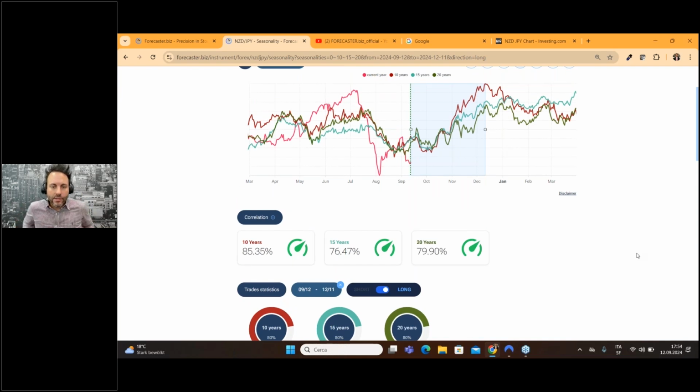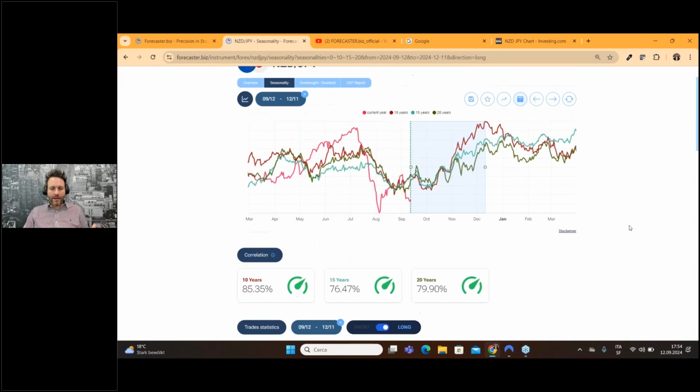If you use this strategy in the long term, you cannot lose money with your trades. Of course, it will happen that you will lose money because everything can happen on the market, but if you use this strategy in the long term, you have the odds in favor and you will gain money.